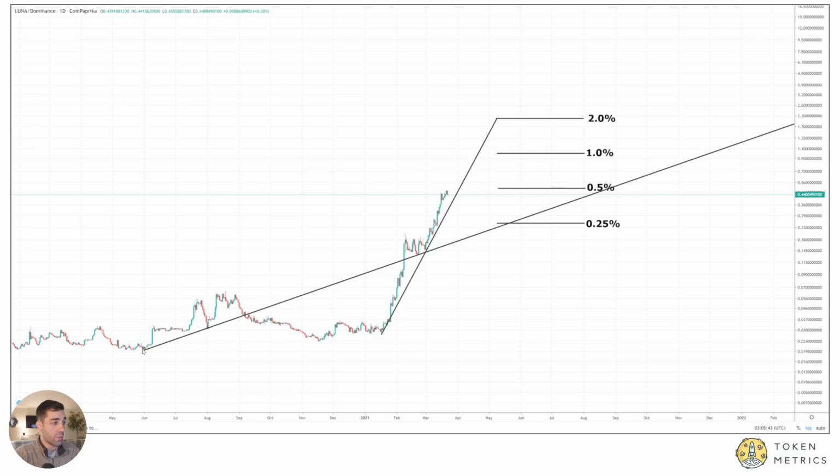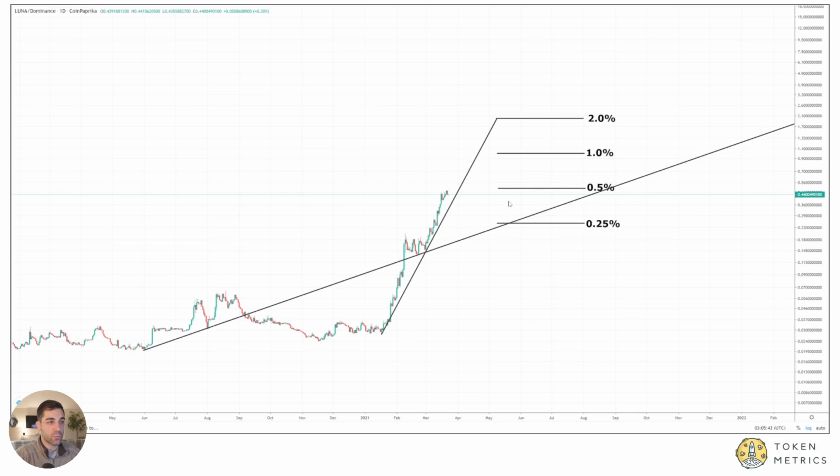We've been on somewhat of a linear trend line here that, if we were to continue on and maybe come back down to sometime in July of this market cycle, Luna's dominance would be between 0.25% and 0.5%. 0.5% is currently roughly where Luna is right now, just under 0.5%.